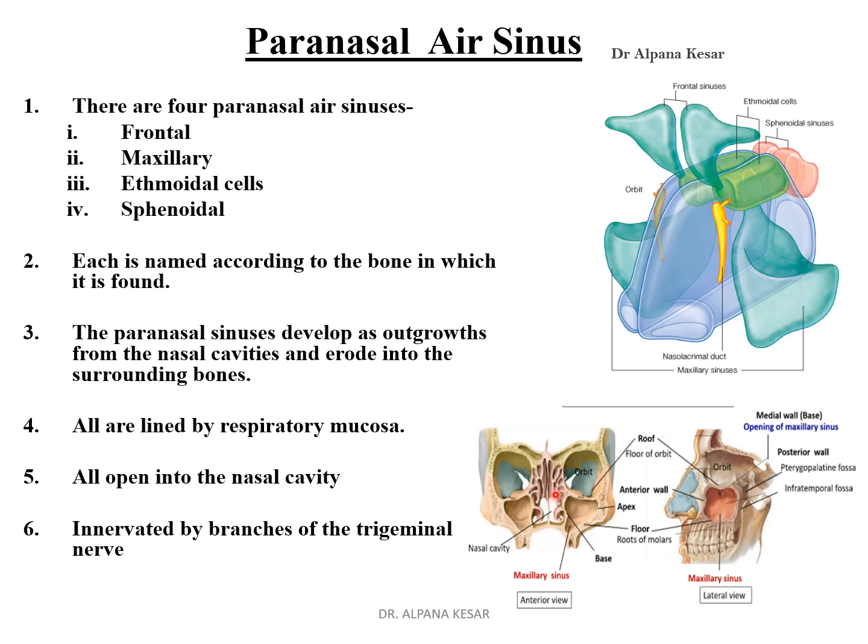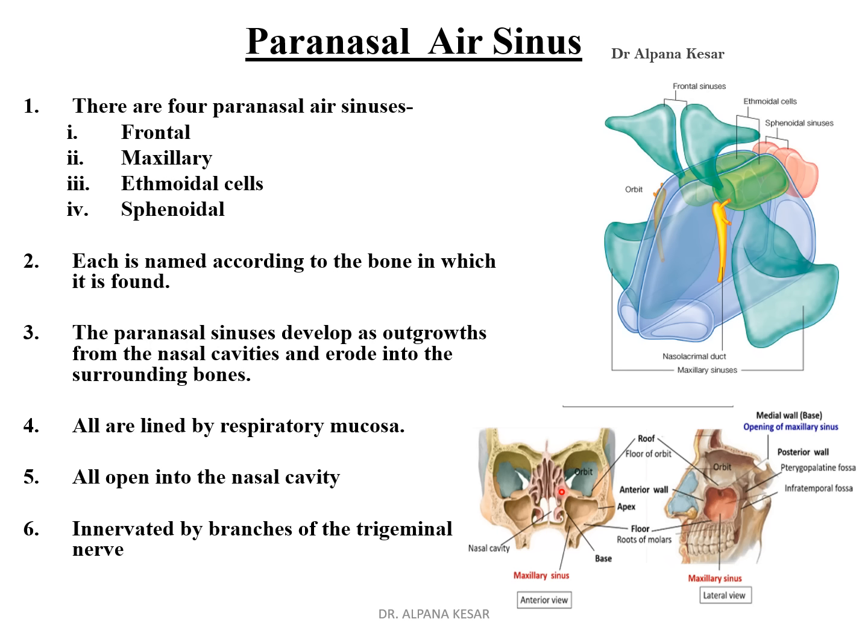However, ethmoidal air sinus is not a single cavity in the ethmoidal bone. It rather consists of numerous small air chambers or air cells present within the ethmoid bone, and these are known as ethmoidal air cells.